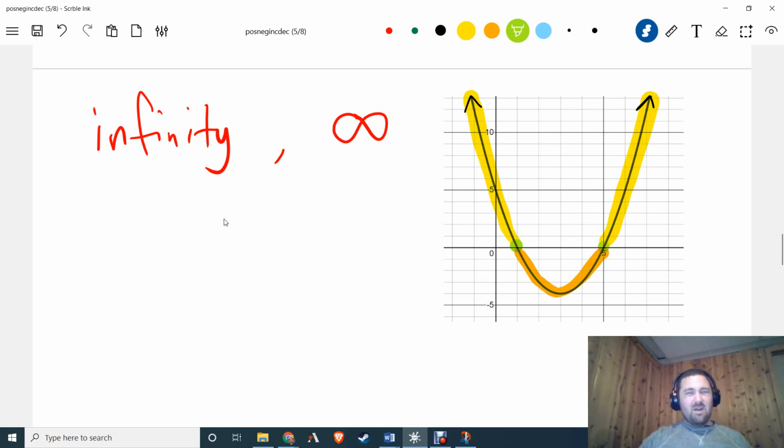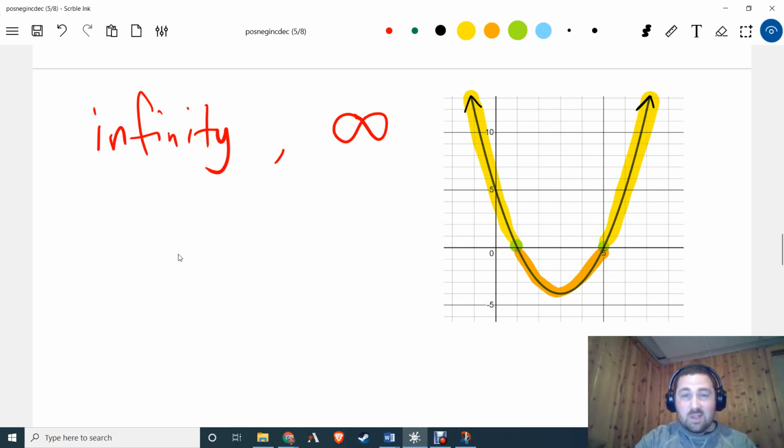But does this graph stop here? It doesn't. It goes forever and ever in that direction. So I can't highlight forever. If I really want to answer this question, I need to use some kind of notation. And that's what I'm going to show you in this next part: how we can actually talk about the parts of a graph that are positive or negative using a more mathematical notation.